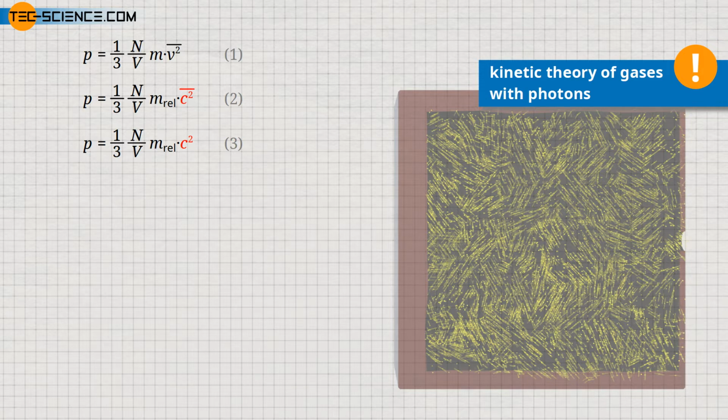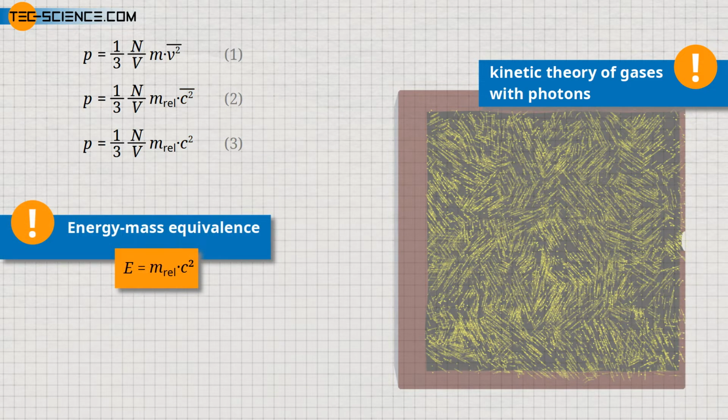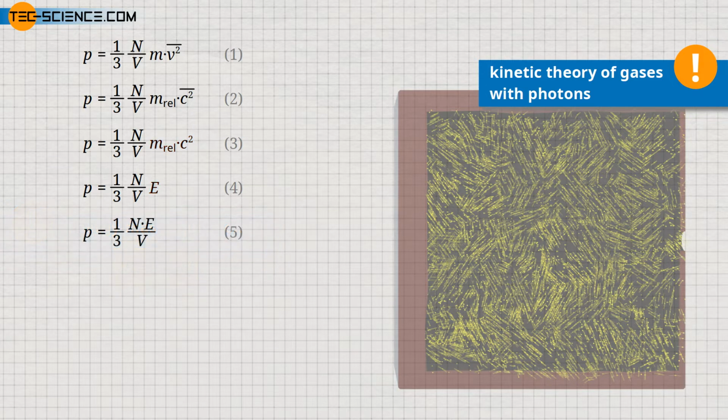Note that although photons do not have a rest mass, they do have a relativistic mass. So Einstein showed with his famous equation on energy-mass equivalence that every particle carrying energy can be assigned a corresponding relativistic mass. According to Einstein's equation, the product of relativistic mass and square of the speed of light contained in equation 3 just corresponds to the energy of a photon. Furthermore, we can again interpret the product of photon energy and number of photons as the internal energy of the photon gas.